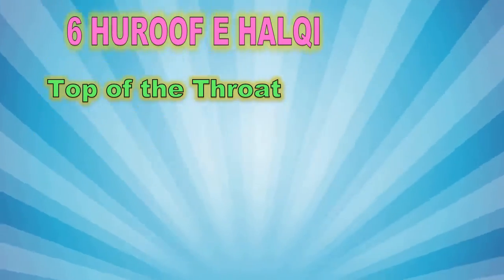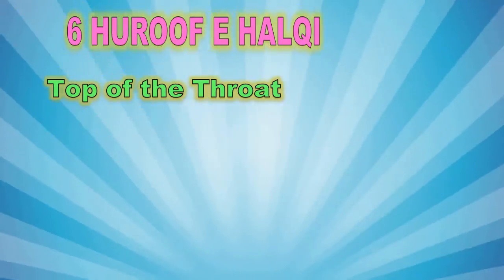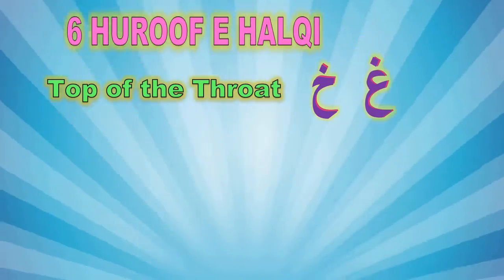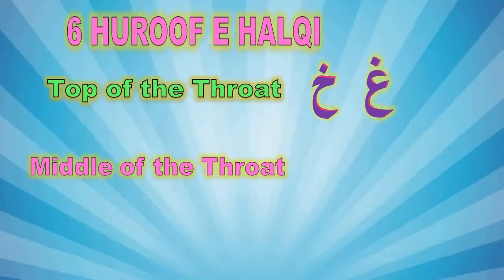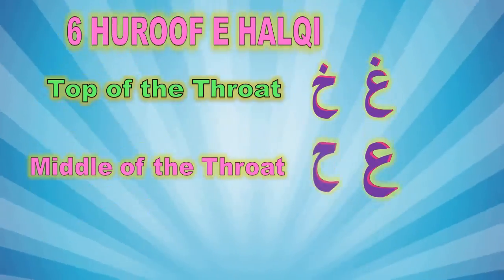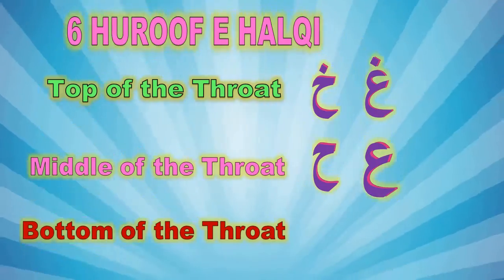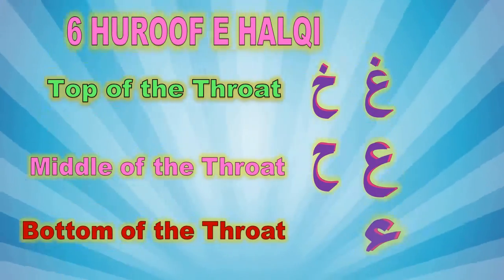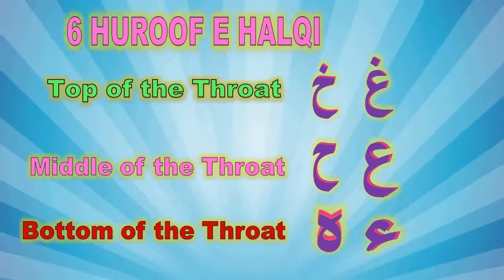The letters of the top of the throat are Kha and Ghain. The letters of the middle of the throat are Ayn and Ha. The letters of the bottom of the throat are Hamzah and Ha.